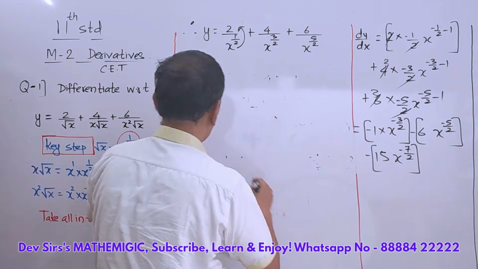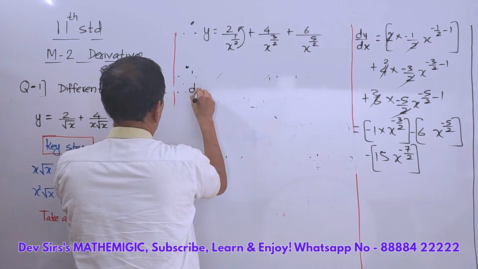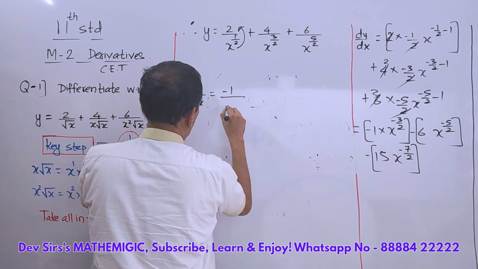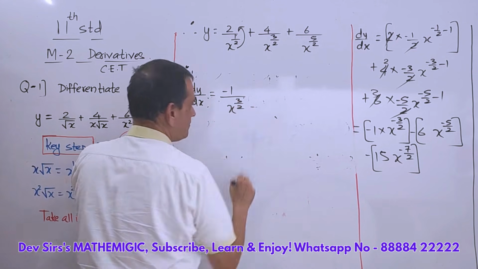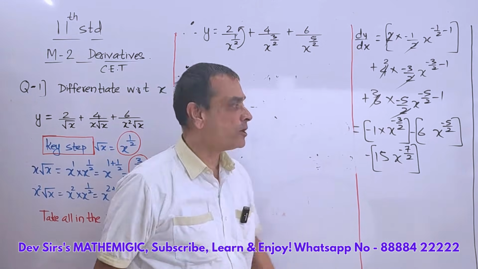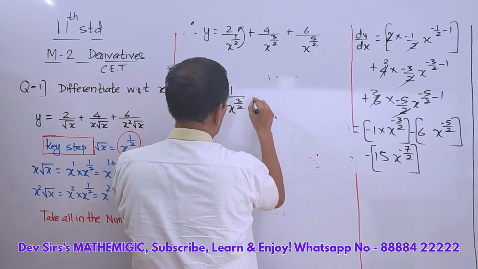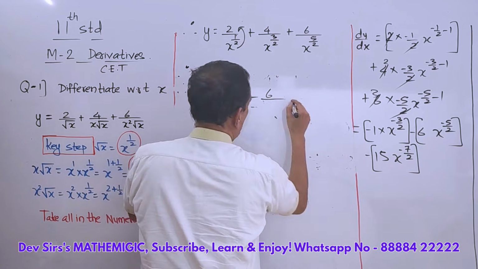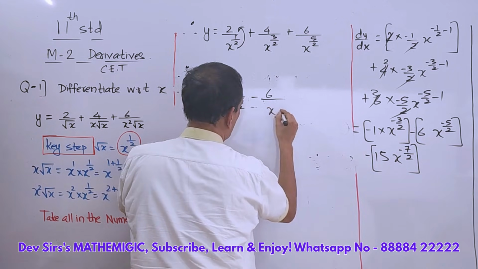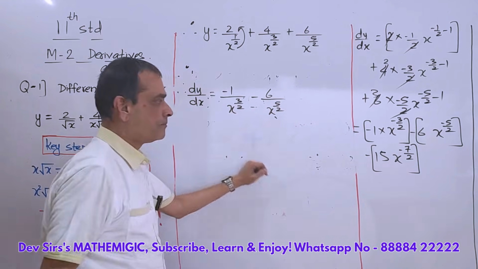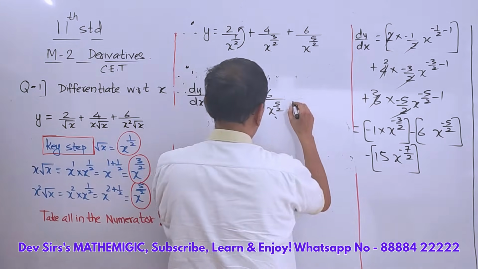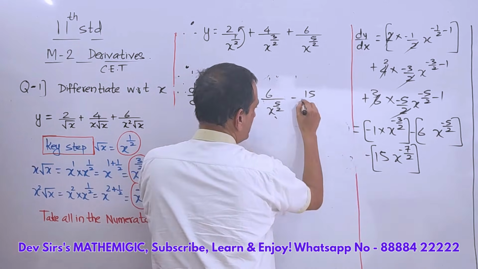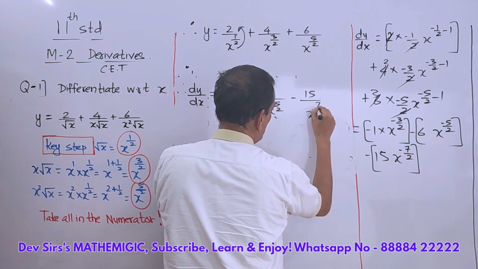Don't keep the answer in a negative index. x raised to minus 3 by 2 comes in the denominator. Minus 6 is on top. x raised to minus 5 by 2 comes in the denominator. Minus 15, keep it in the numerator. Take this in the denominator as x raised to 7 by 2.